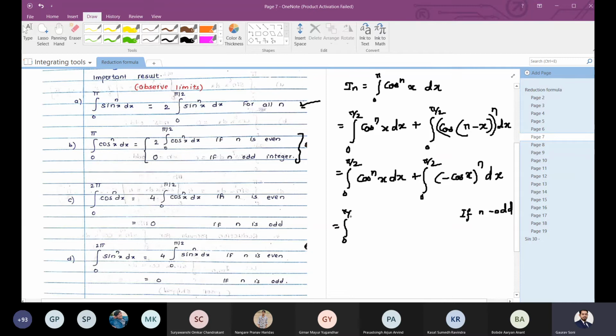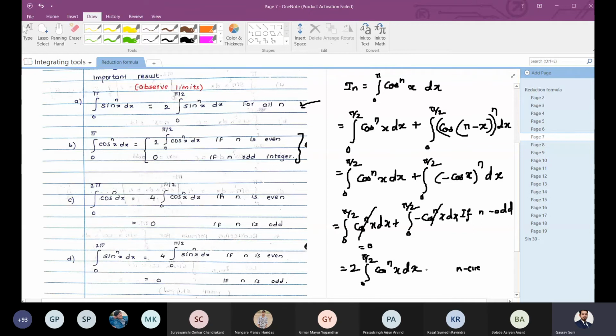So 0 to pi by 2 cos raised to n of x dx plus 0 to pi by 2 minus cos raised to n of x dx. These two things will cancel out and the answer turns out to be 0, right? If n is even, then what we get is 2 times 0 to pi by 2 cos raised to n of x dx.